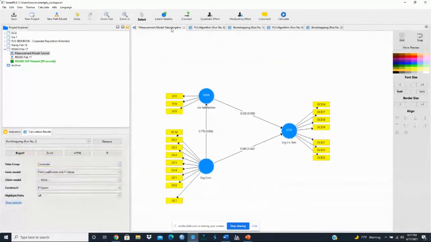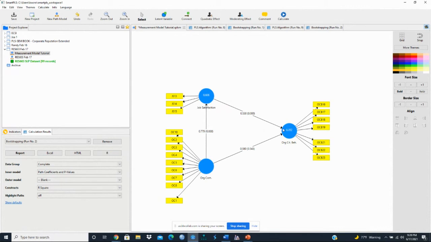Let's look at our model, though, and see what else it tells us. The number inside the R squared here, see this arrow comes from organizational commitment to job satisfaction, tells us that 61% of the variance in job satisfaction is explained by variance in organizational commitment.